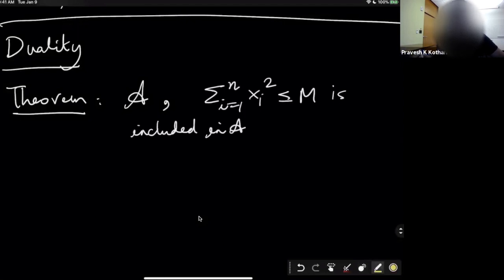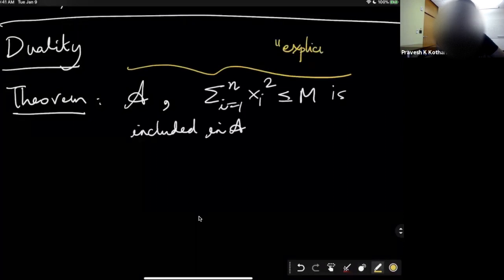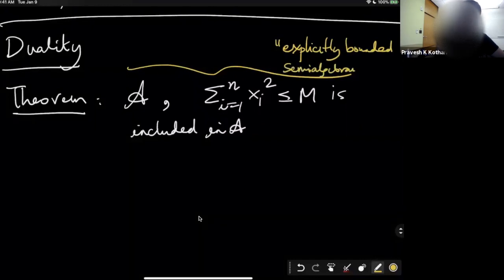So in fact, we make a definition for them. We call such sets explicitly bounded. Okay. So notice that the hypercube has such a property. We can, without loss of generality, add the constraint that sum of x_i squared in fact equals n, and it doesn't change the set.